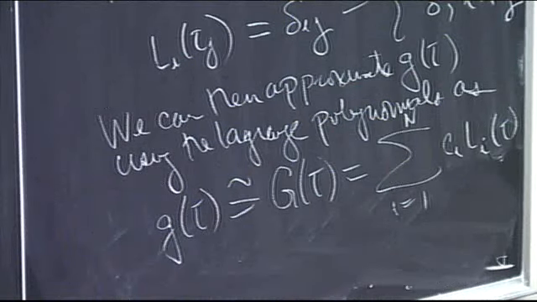Now, if you look at that approximation, let's suppose that I stuff in tau j.